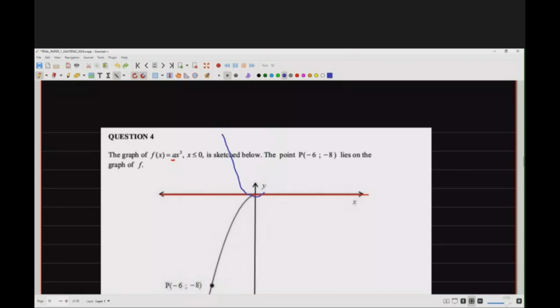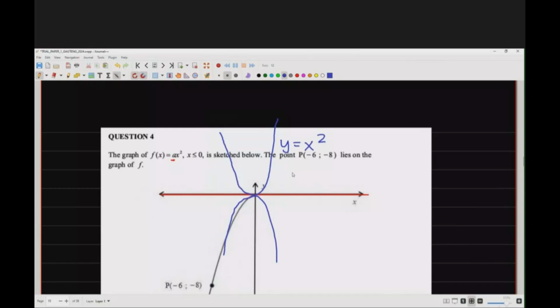y is equal to x squared, that passes through the origin. Any reflection about the x-axis is going to affect the y value, such that this is how the graph ends up looking.